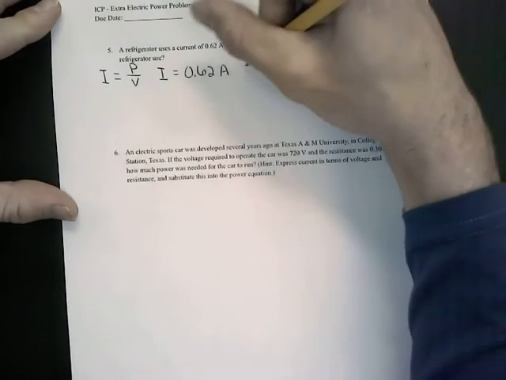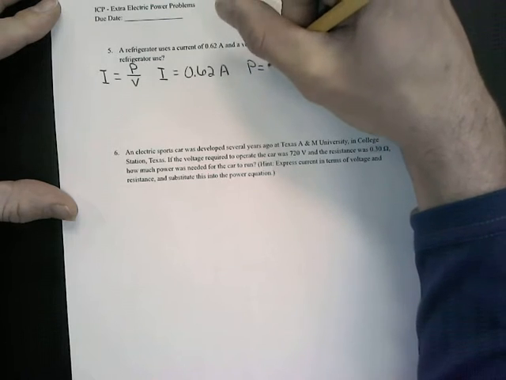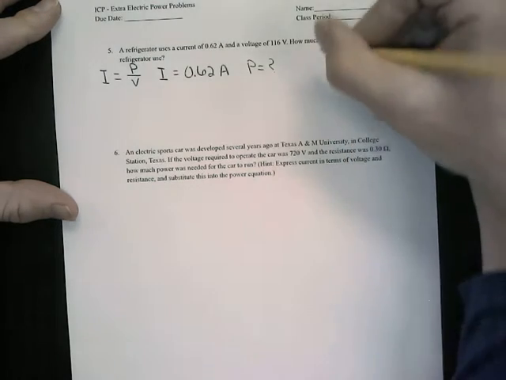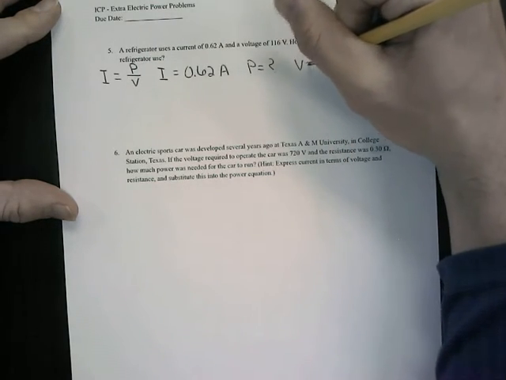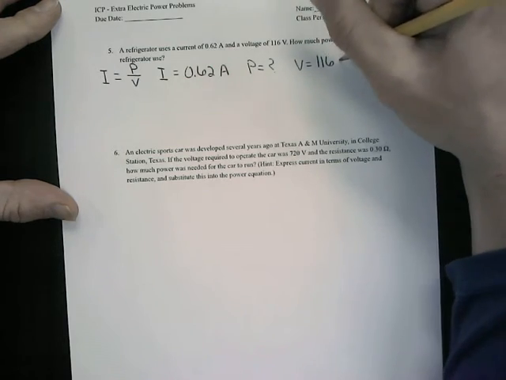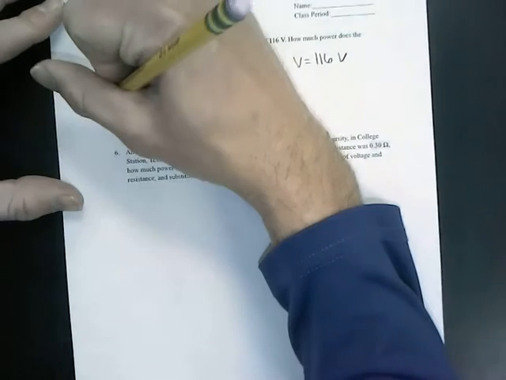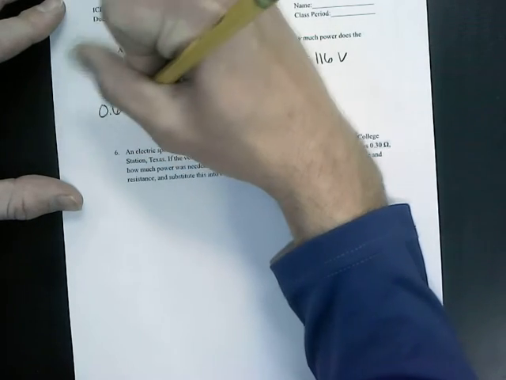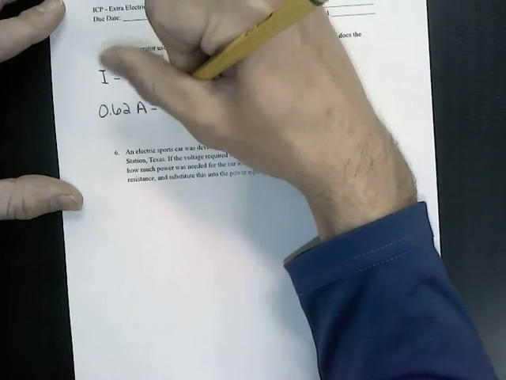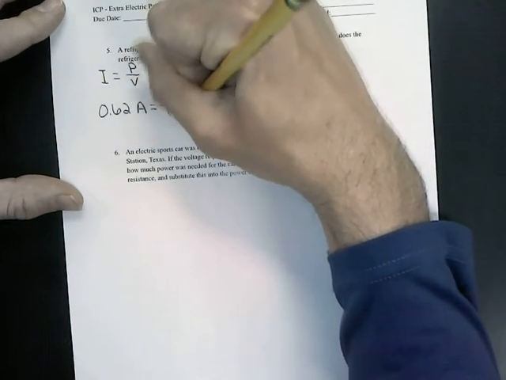Our P for power, it says in our problem, hey, go find that. And then our V for volts is 116 volts. Okay, now we have 2 of our 3 variables. We can plug this back into our formula. So 0.62 amps equals our P for power, all divided by 116 volts.